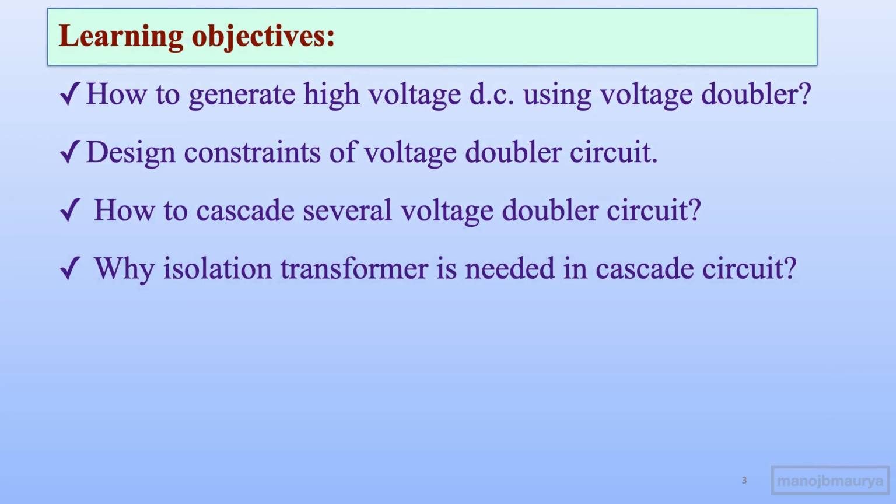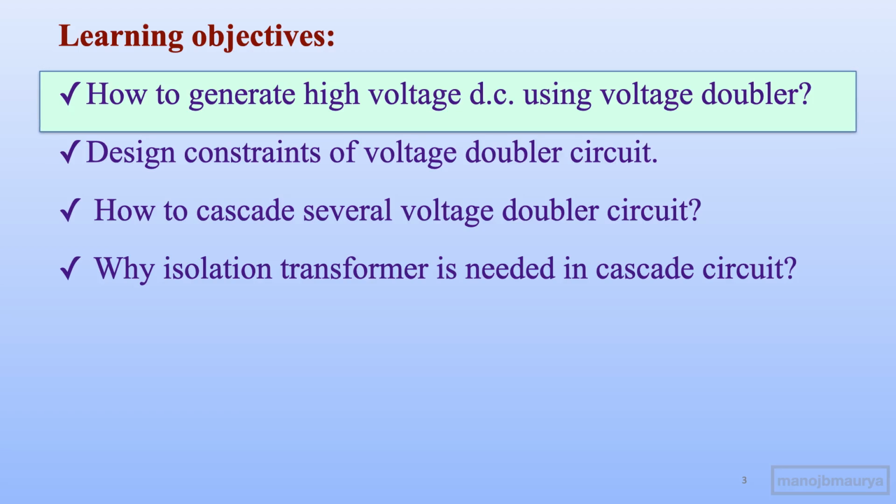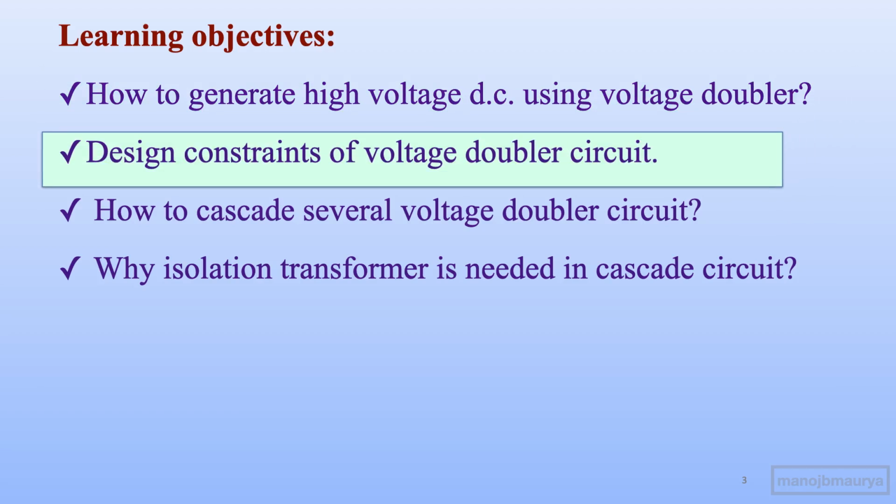Let us see the learning objectives. In this video, we are going to understand how to generate high voltage DC using a voltage doubler. We are going to check the design constraints of the voltage doubler circuit.